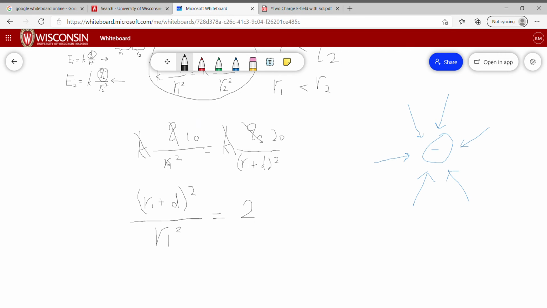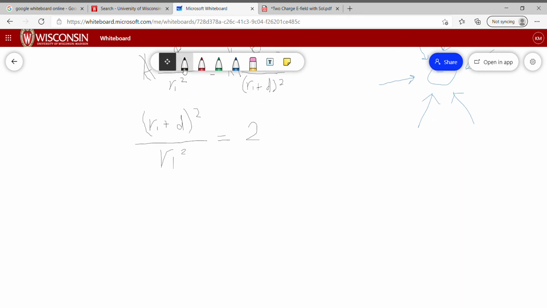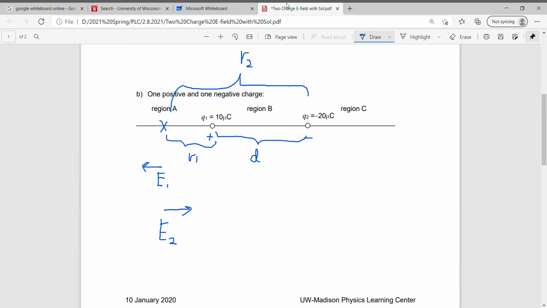We take the square root of both sides, which means R1 plus D over R1 is root 2. So yes, there is a solution where we can cancel these two electric fields out.